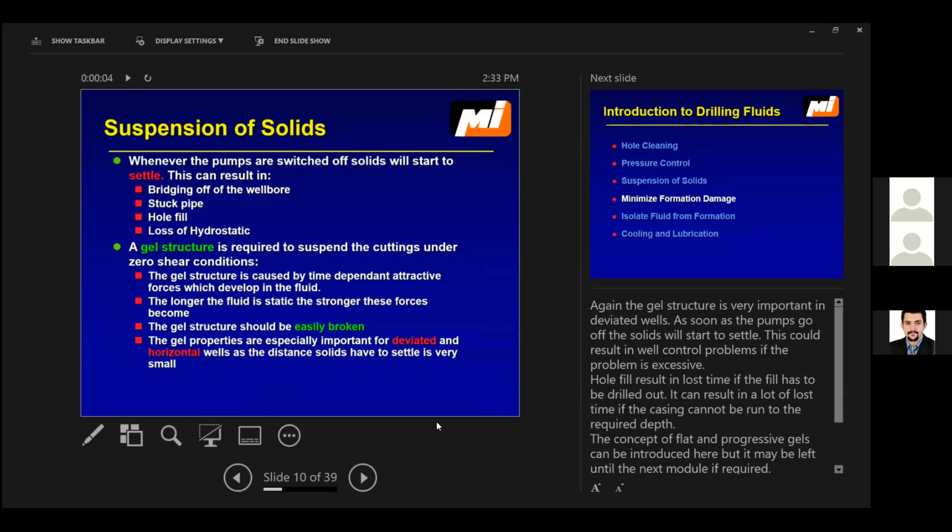We can solve this problem by making a gel structure. And what is gel structure, my friends?